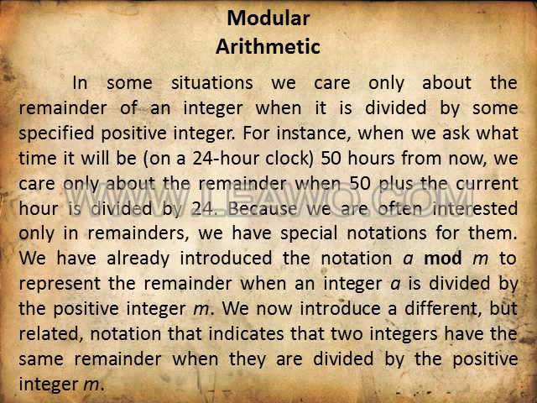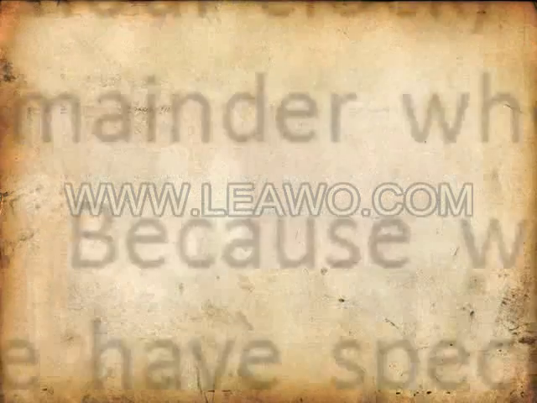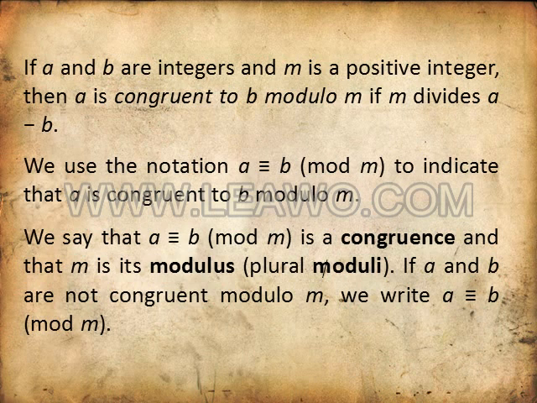We now introduce a different, but related, notation that indicates that two integers have the same remainder when they are divided by the positive integer m. If a and b are integers and m is a positive integer, then a is congruent to b modulo m if m divides a minus b.